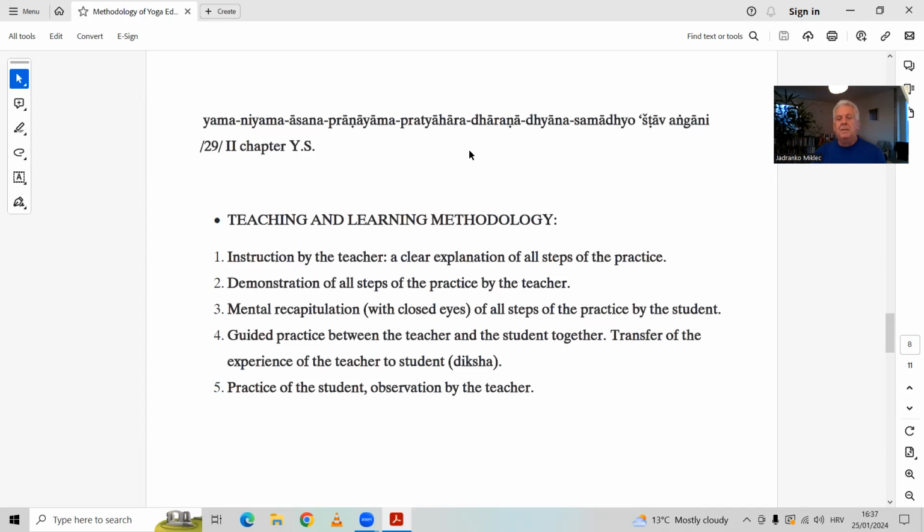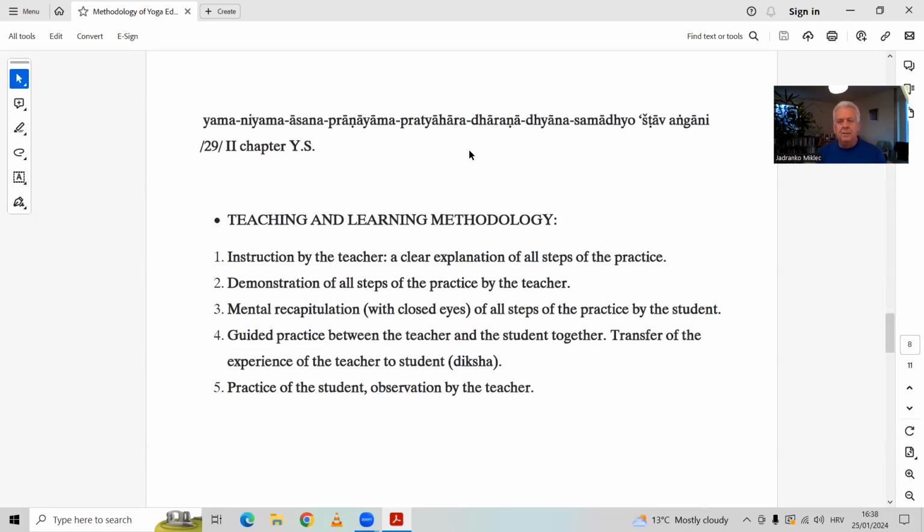And the teacher should explain to the student very clearly, for each specific asana, what is the vinyasa krama to the asana, what to do in the asana during these 3-5 minutes, and how to come out from the asana. This is just related to asana, but the same thing is related to the practice of the kriyas or pranayama or any yogic practice.